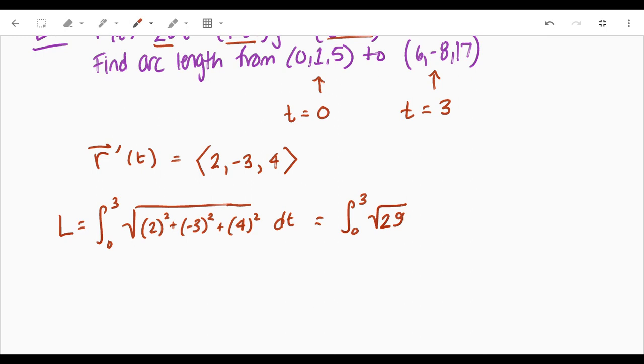Good notation here. Which is the square root of 29 t evaluated from 0 to 3. So 3 square root of 29.